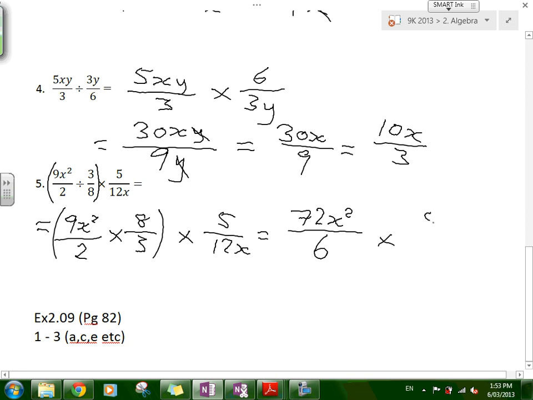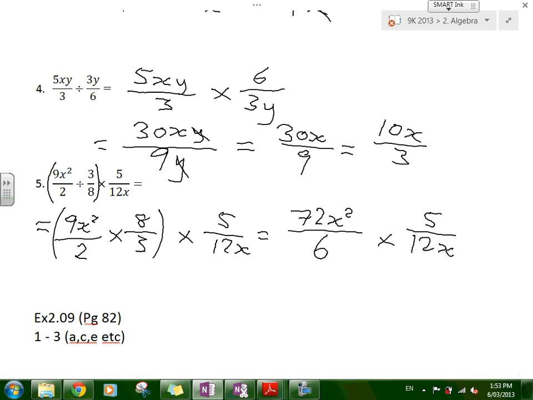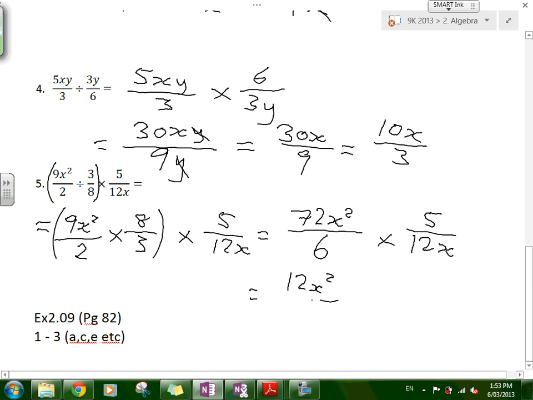Times 5 over 12x. Now, are there any common factors between 6 and 72? What is it? 6 is a common factor. 6 goes into 72 12 times. So, we get 12x squared over 1 times 5 over 12x.